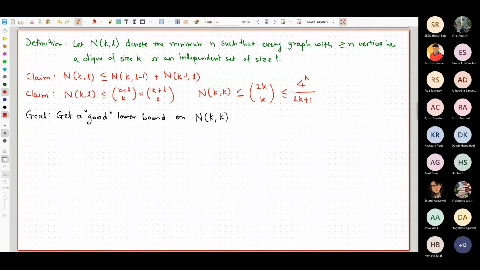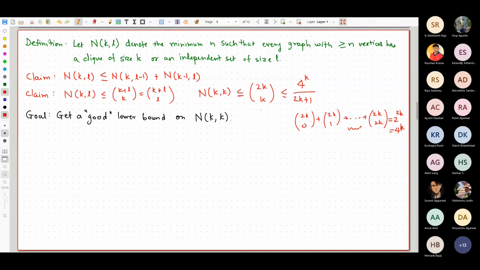Absolutely. So we know that 2k choose 0 plus 2k choose 1 plus and so on up to 2k choose 2k is equal to 2 to the power of 2k, which is the same as 4 to the power k. And we know that the middle guy is the maximum. Although we didn't prove this in class, I hope all of you know that the middle binomial coefficient is going to be the maximum, which is precisely this.